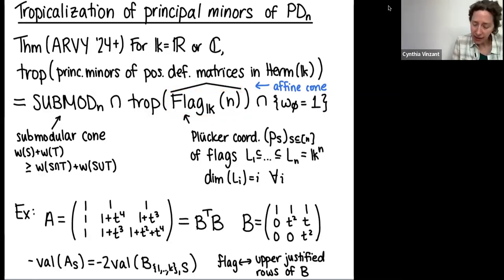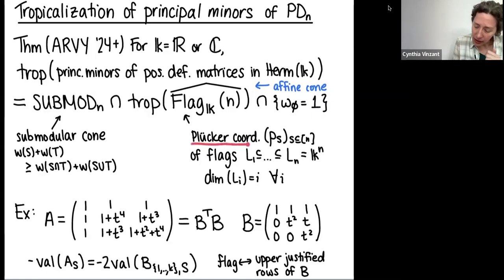Analogously to the Grassmannian, we can take something called the flag variety, where we look over all what's called complete flags. So this is a collection of linear spaces of all dimensions 1 through n, where each is contained in the next.